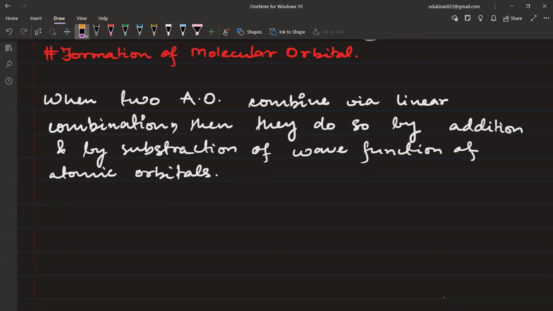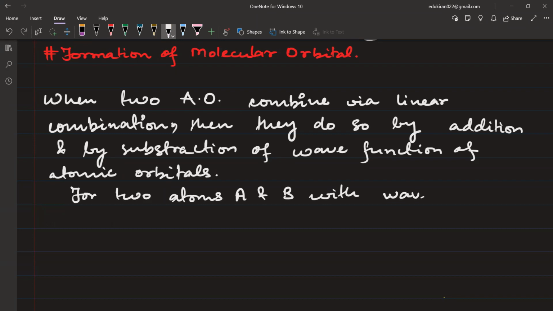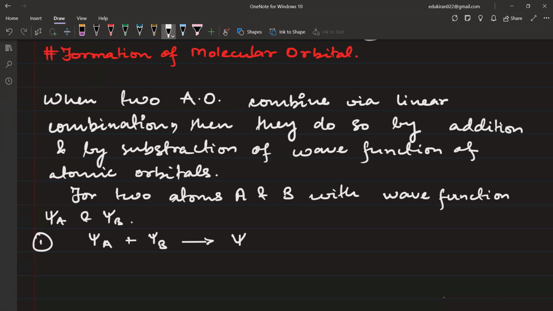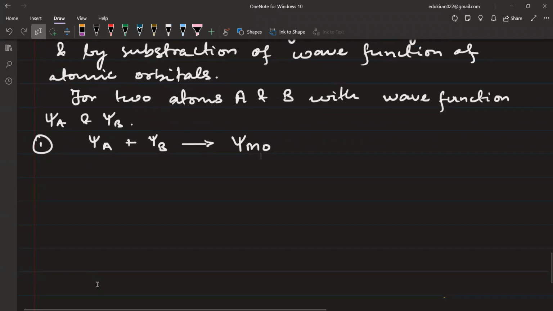For two atoms A and B with wave functions psi A and psi B. Number one, psi A plus psi B is going to give you psi MO. That means the wave function of the molecular orbital.